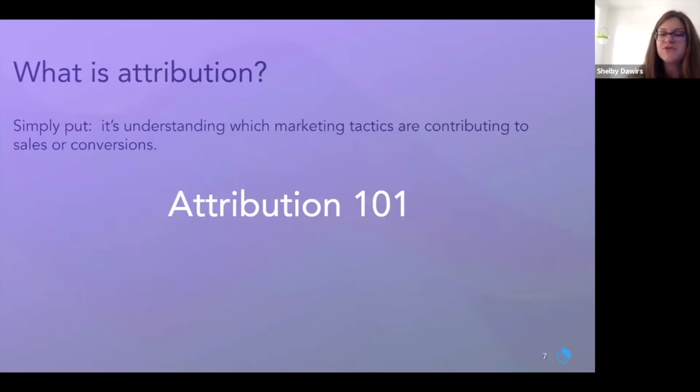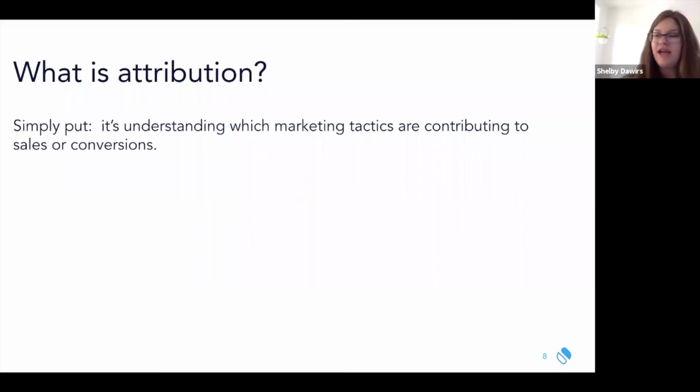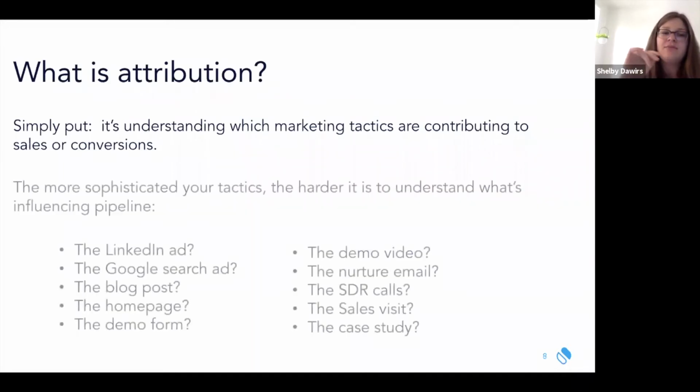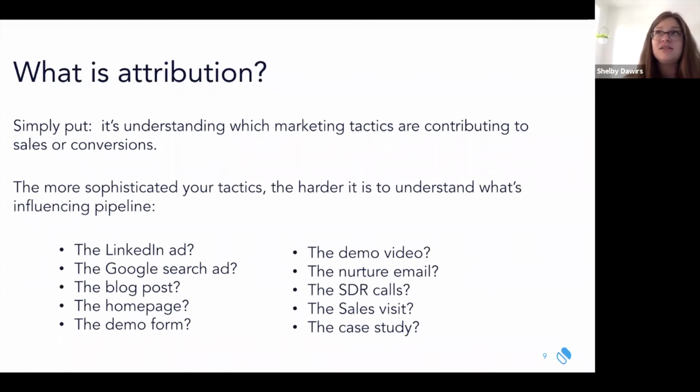So in terms of sharing those definitions, attribution is just understanding what marketing is doing that's contributing to pipe. But the dilemma is that what marketing is doing is getting really sophisticated, and understanding what points and engagements are actually adding up and tipping people over into conversion is getting really tough.